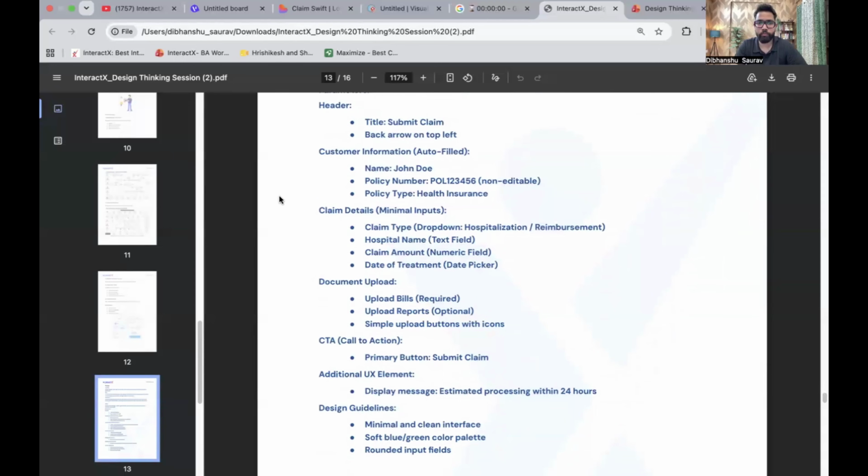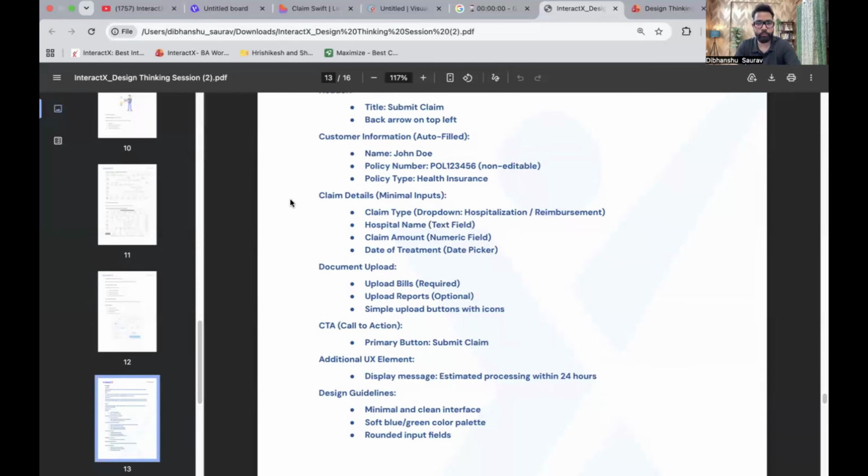Claim detail, minimal input: claim type dropdown, hospitalization, reimbursement; hospital name, text; claim amount, numeric field; date of treatment, date picker. Document upload: upload bill, required; upload reports, optional; simple upload button with icon. CTA, call to action: primary button, Submit Claim.